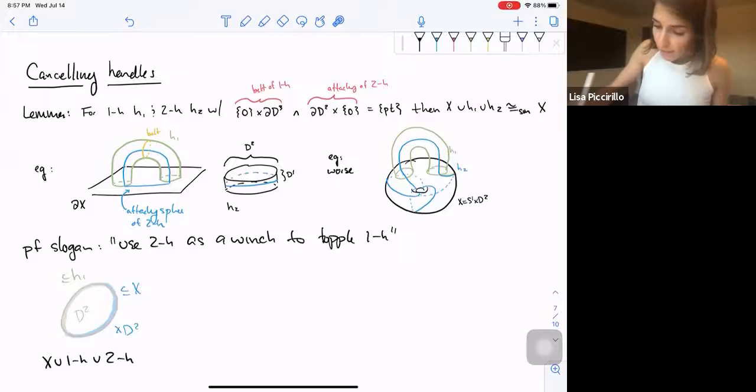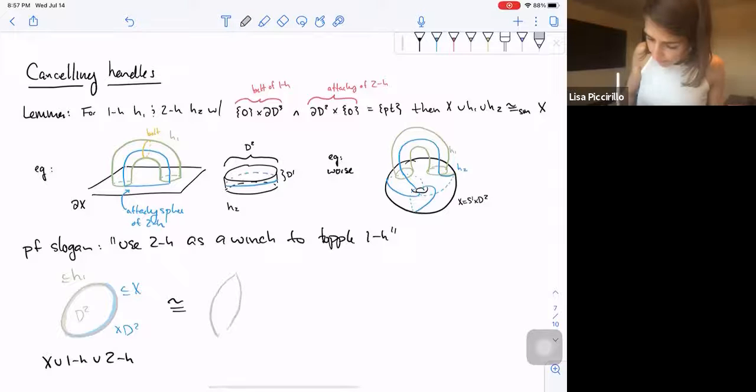And so what I can do is use this 2 handle to write down a diffeomorphism of this space. The way I'm going to describe the diffeomorphism is I'm going to contract my D2, and I want to do this contraction cross D2, so in the thickening direction as well, but we're just not going to draw that.